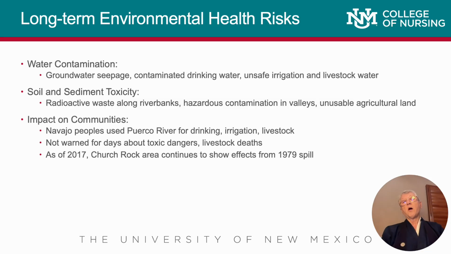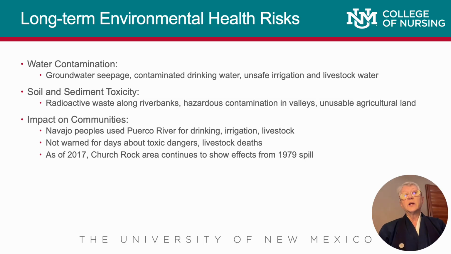The impact on communities, particularly Navajo communities, has been devastating. The Navajo people use the Puerco River for drinking water, irrigation, and livestock. After the Church Rock spill, they were not warned of the toxic dangers for days.